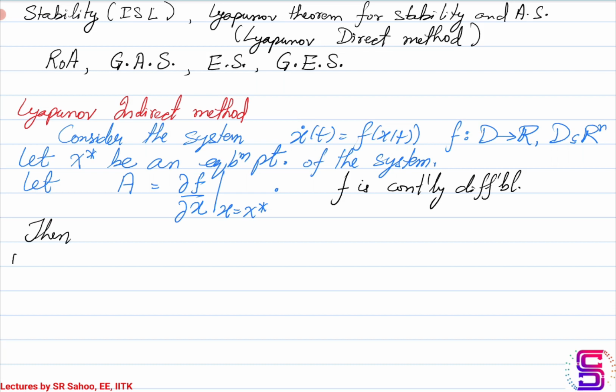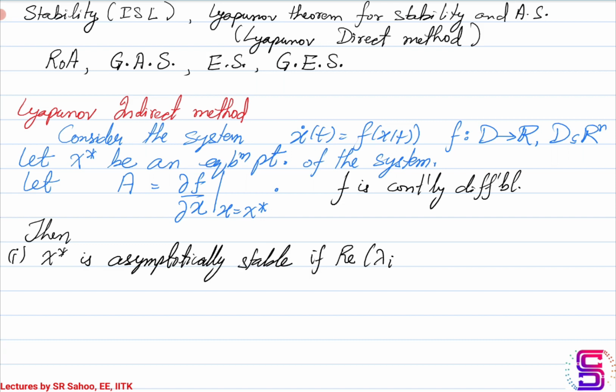Then x star is asymptotically stable if the real part of all the eigenvalues of A is negative. So lambda i is the ith eigenvalue of A, and the real part of all eigenvalues of A has to be negative.